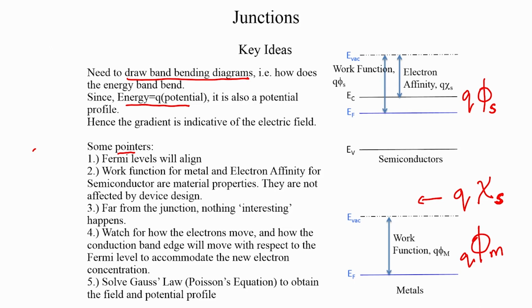What we are trying to see is, if you bring two different materials closer and create a junction between them, it is very possible that you have carrier movement across the junction simply because the Fermi levels are not aligned. You can think of it this way.